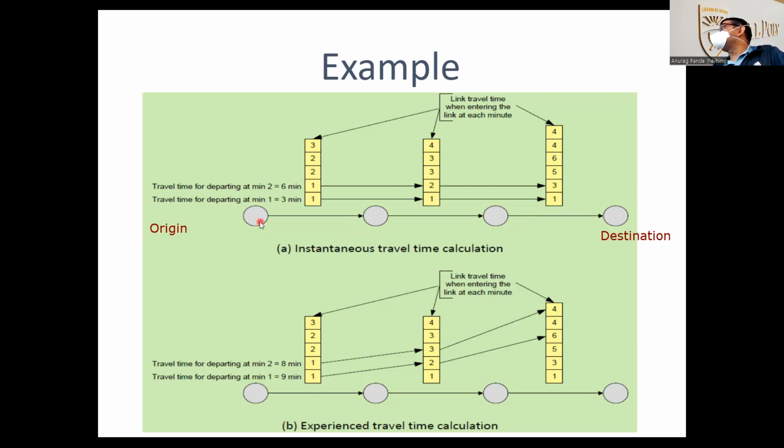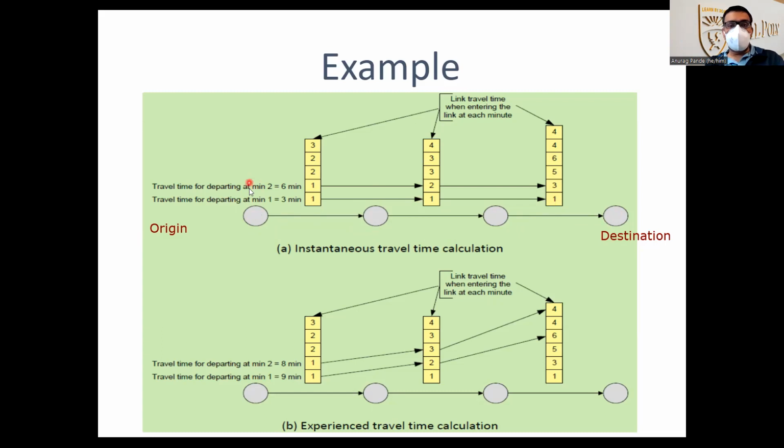How much would their travel time be? I'm just going to add up 1 plus 1 plus 1. I'm just going to look at what's happening at t equal to 1 on all of these routes, add up the travel time, and make my routing decisions based on that 3 minutes of travel.